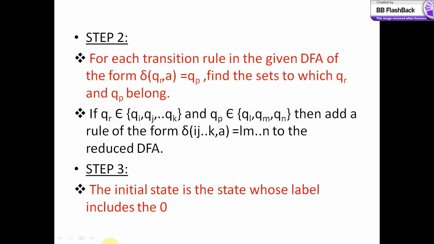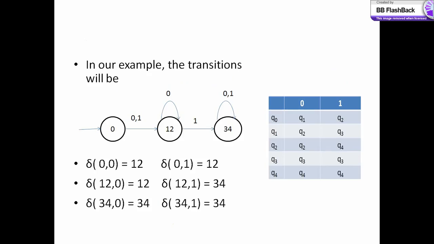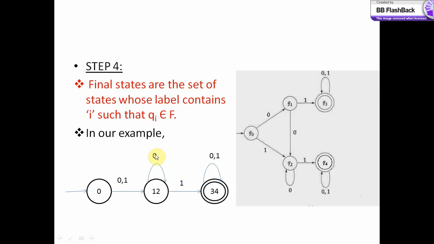The third step is the initial state: the state whose label includes 0 is marked as the initial or start state. The last step is to identify the final states.